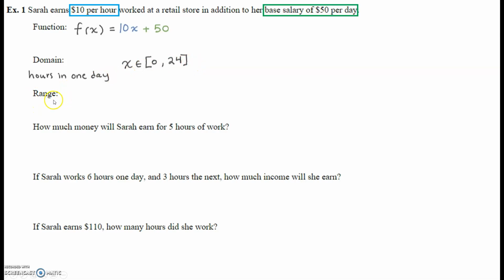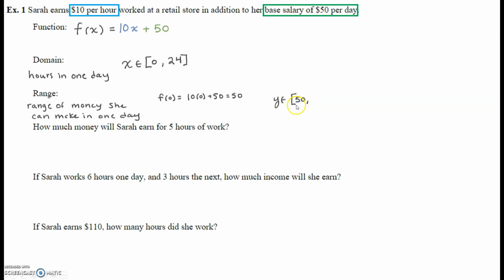The range is the output, so if she works 0 hours, technically she's still going to get $50 because that's her base salary. So the range is the amount of money she can make in one day. So we have that she can work 0 hours, which means she's going to get $50, which in my head I'm thinking, oh, that's kind of nice to work 0 hours and make $50, right?